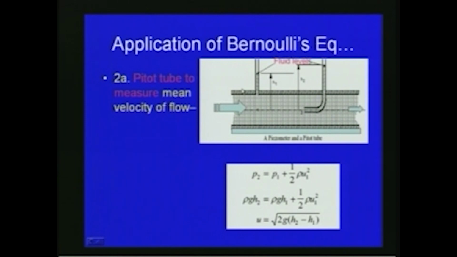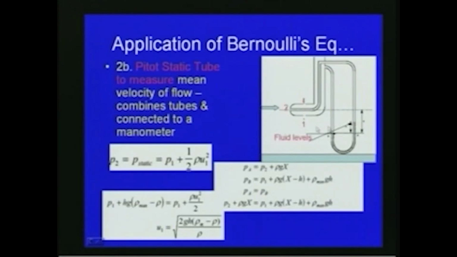We use Bernoulli's equation between section 1 and 2 as in this figure, and finally U is equal to the square root of 2g (h2 minus h1), where h2 minus h1 is the head level difference between the piezometer at section 1 and the pitot tube at section 2.